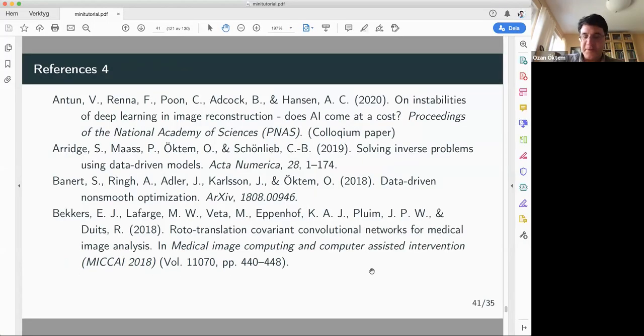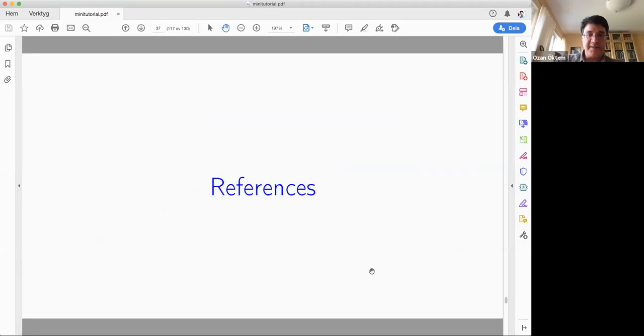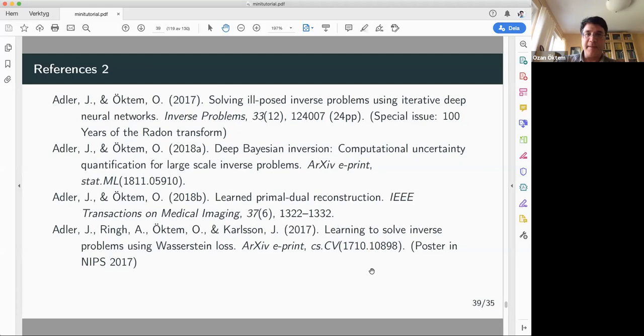There we go. If you just Google deep Bayesian inversion on our site, you'll find it. There we spell out all the details. Everything is there, and if you're still wondering, I'd be glad to help out.